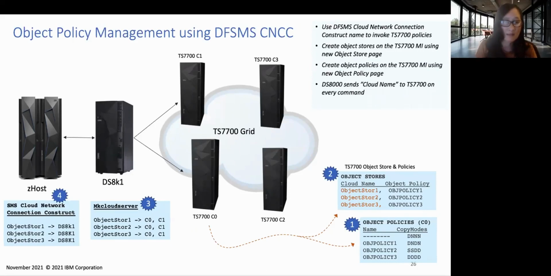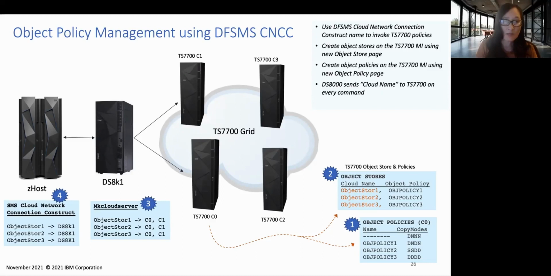And then the last step is you go into your z/OS and actually configure in their SMS panel the new constructs, object store 1, 2, and 3, and they point to the DS8000 IP addresses. So host points to DS8000, DS8000 points to the object store behind it.